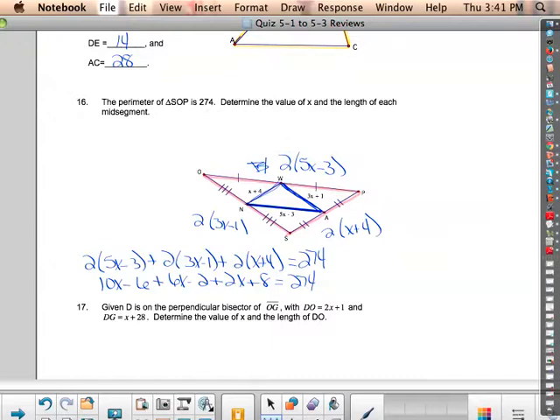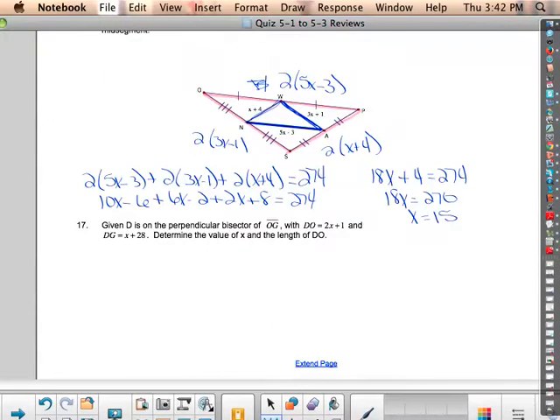So combine like terms, and you're going to get 18x plus 4 is equal to 274. 18x is equal to 270, therefore x is equal to 15.